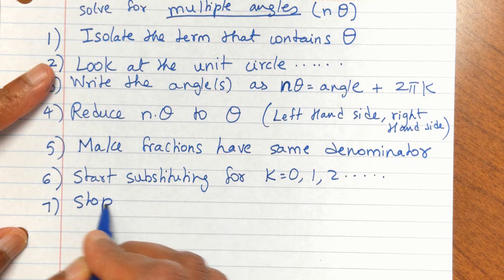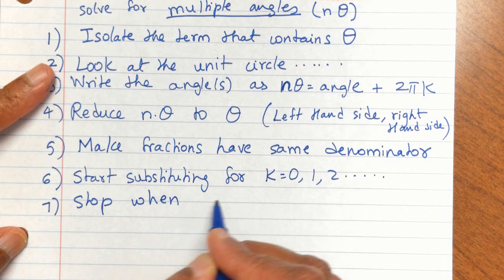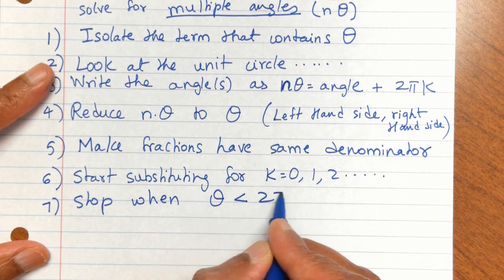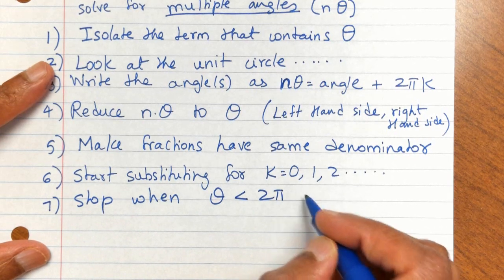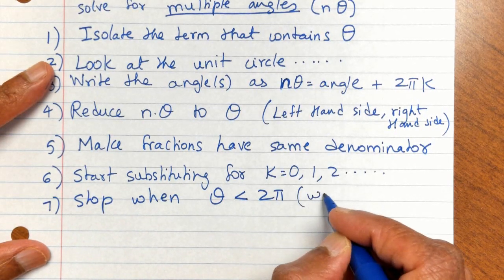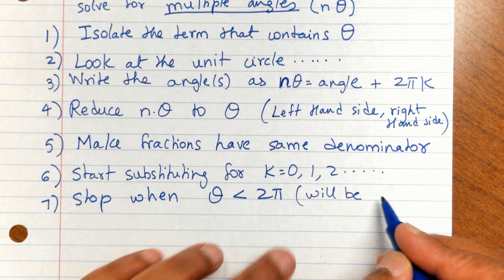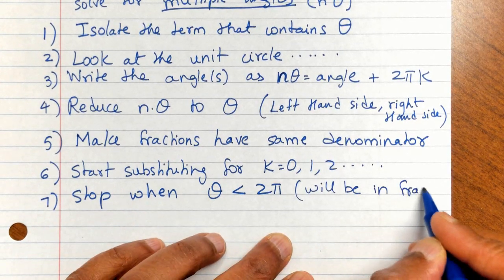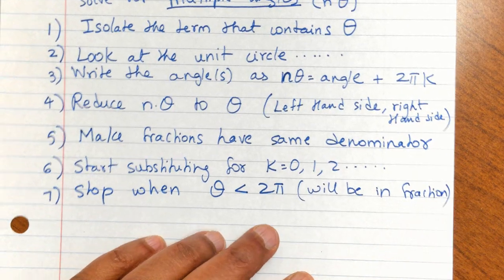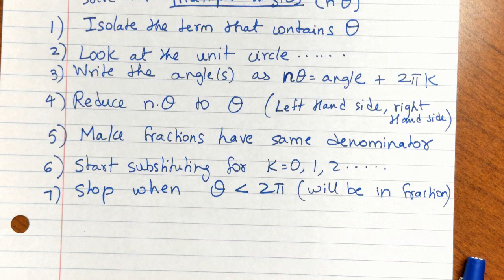Stop when theta is less than 2 pi. It will be in fraction. So hopefully you understand when I say it will be in fraction, you can figure out that if the denominator is 9, you're talking about 18 pi over 9. If it's 12, you're talking about 24 pi over 12, and so on and so forth.